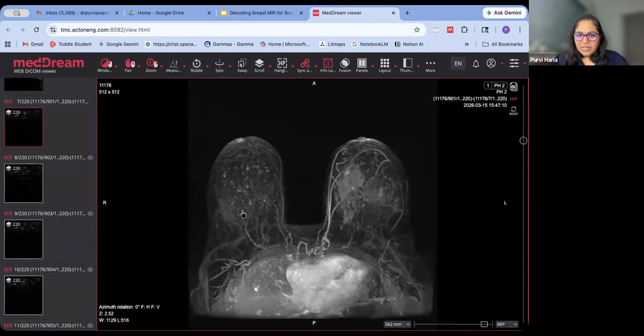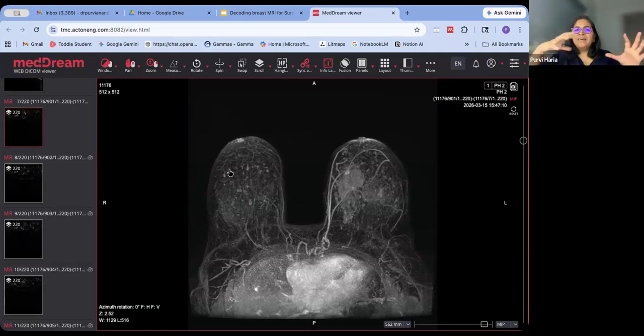Here there is significant background parenchymal enhancement seen in the entire breast. There are multiple foci of enhancement. Suppose when I see a single such focus of enhancement, I probably will go and do a relook ultrasound and try to hunt for that focus of enhancement.